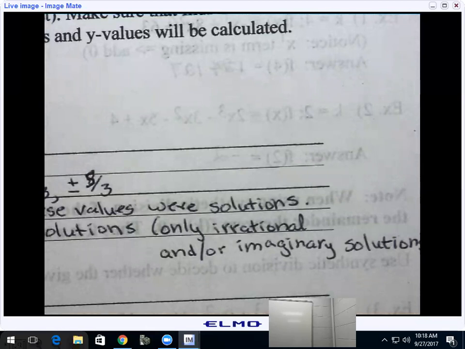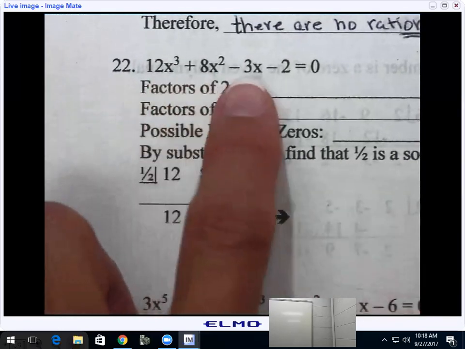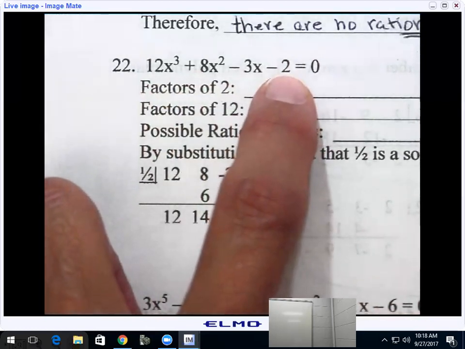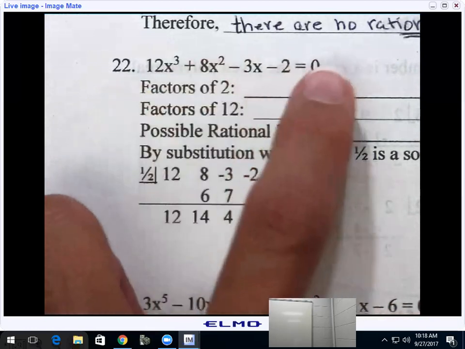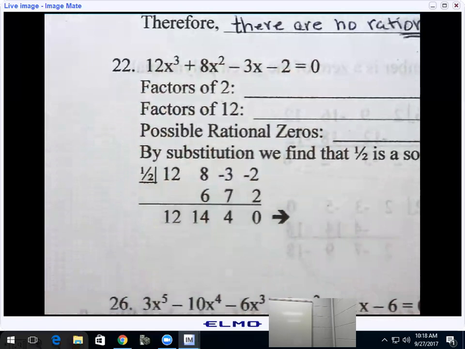Let's do one that the rational zeros theorem actually helps us find a solution. Number 22. The rational zeros theorem says I want all of my possible combinations of factors of 2 divided by factors of 12. It's always factors of the constant divided by factors of the leading coefficient.